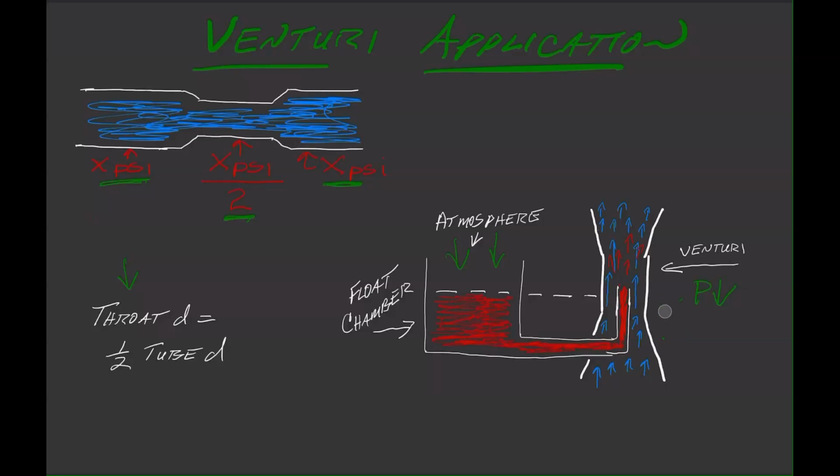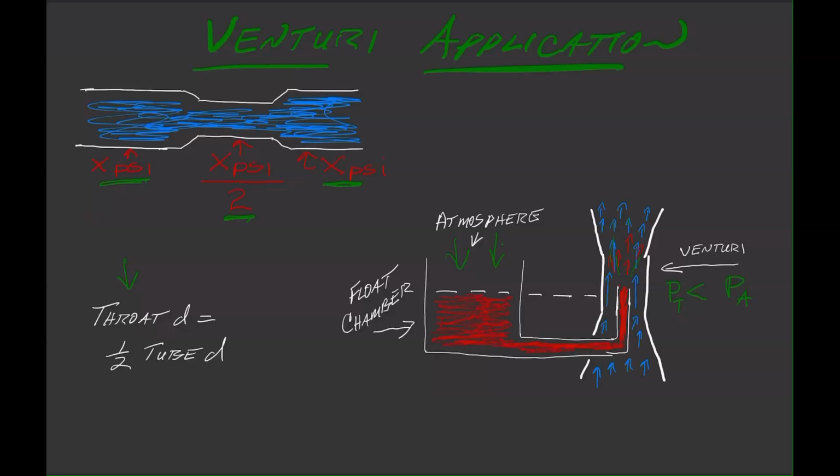The pressure here in the throat, I'll call that pressure throat, is less than the pressure of the atmosphere. There's less pressure pushing down. So just like we had the tubes where the fluid rose, here the gasoline rises and goes out into the airstream. It's just as simple as that.